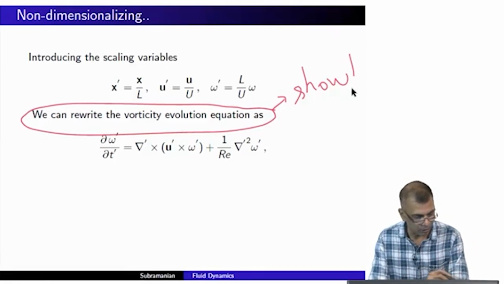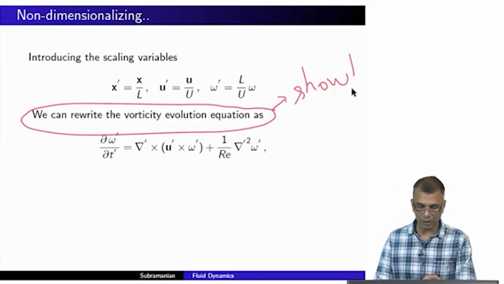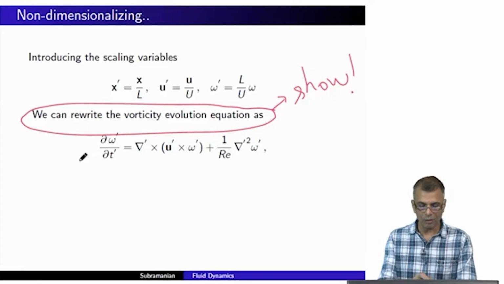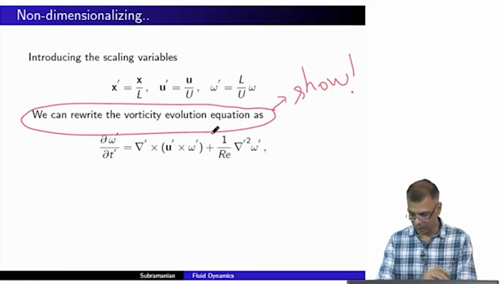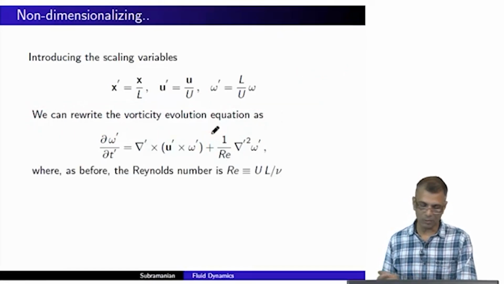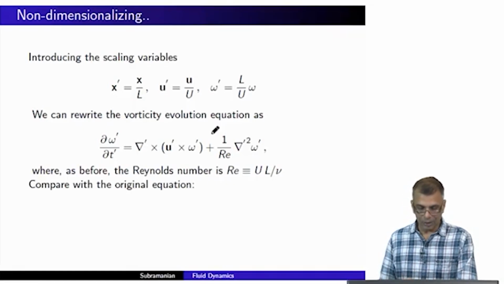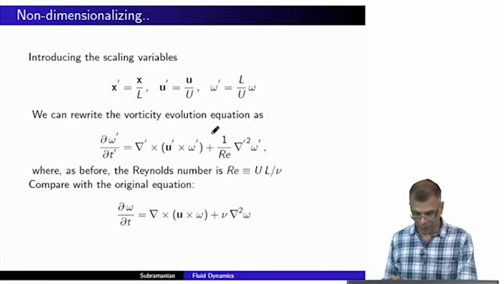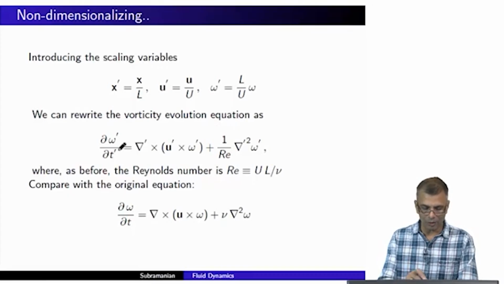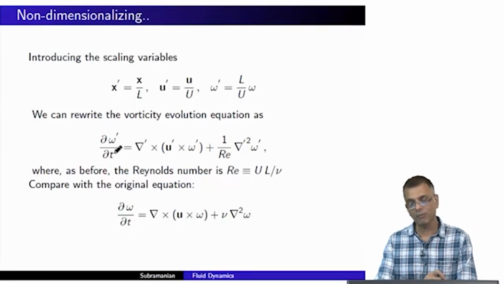With these non-dimensionalized variables, the vorticity equation is written like so, and as before we have the appearance of this term 1 over Re, where the Reynolds number as before is simply UL over nu. Compare this with the original equation. I have not told you what the T prime is, I leave that to you.